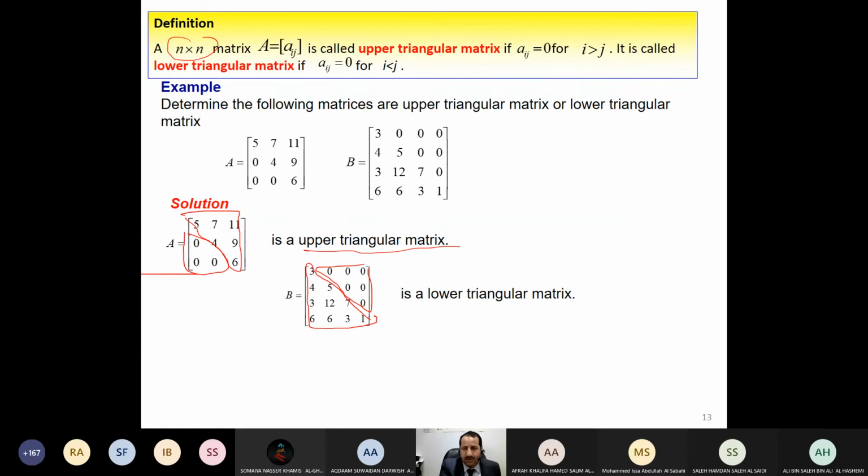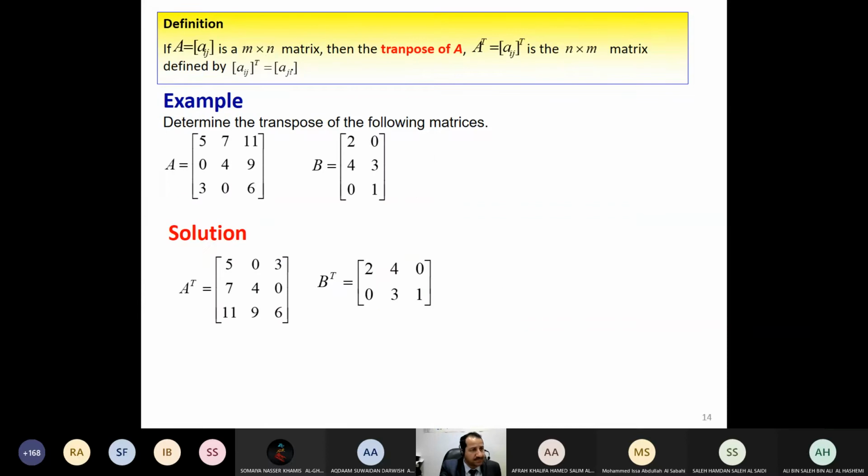I think until this point, the definitions and their explanation are clear. We defined matrix, square matrix, diagonal matrix, scalar matrix, identity matrix, zero matrix, negative matrix, and upper and lower triangular matrix. Transpose of a matrix.